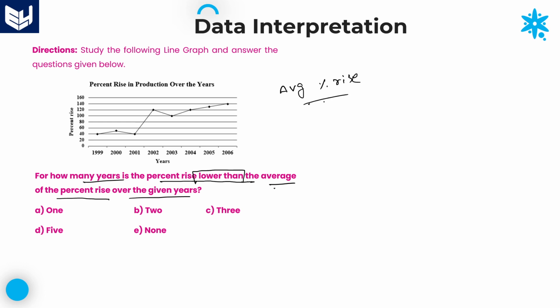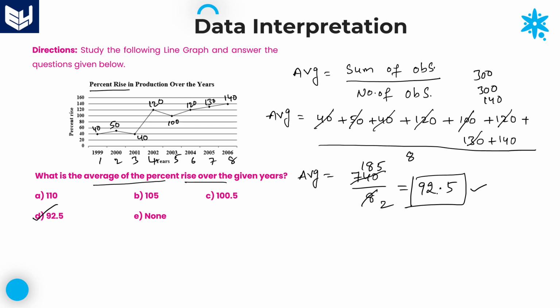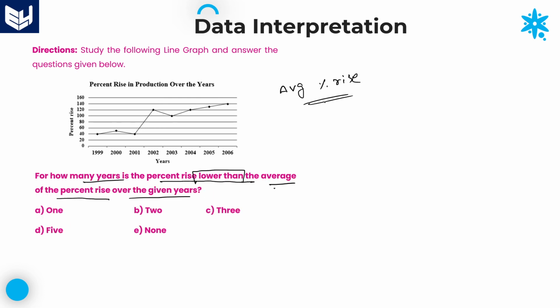That we already calculated in the previous problem. In the previous problem we calculated the average percentage rise over the given years. That value which we got is 92.5.